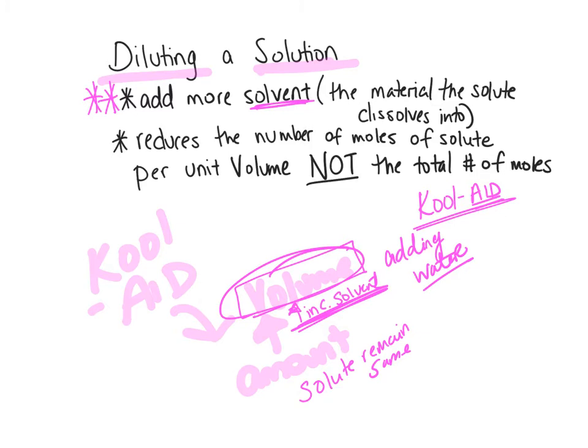And so what happens when I do that is I reduce the ratio. I reduce the number of moles of solute per unit volume, but I don't actually change the total number of moles. So if I had 30 grams of Kool-Aid and I could convert grams to moles, I'm still going to have that same number of grams of Kool-Aid in the solution.